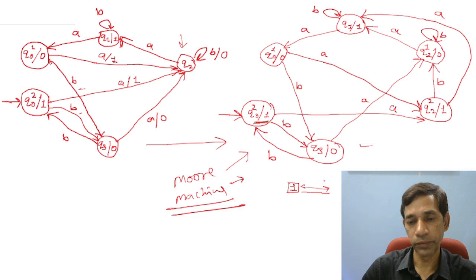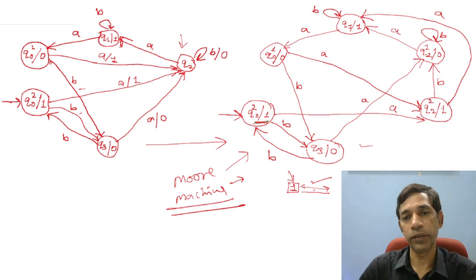So if you ignore the first symbol of the output of the Moore machine, then we have the same output string as in the case of the Mealy machine. Getting the equivalent machine, we can ignore this discrepancy.